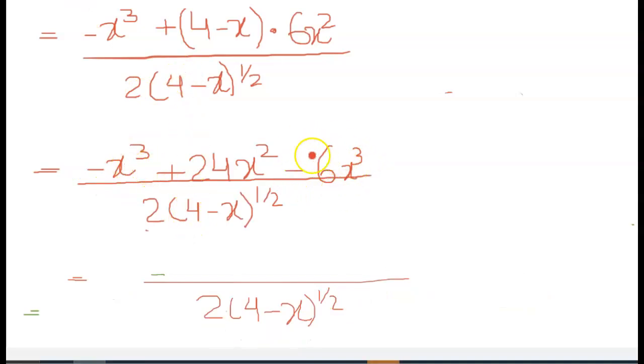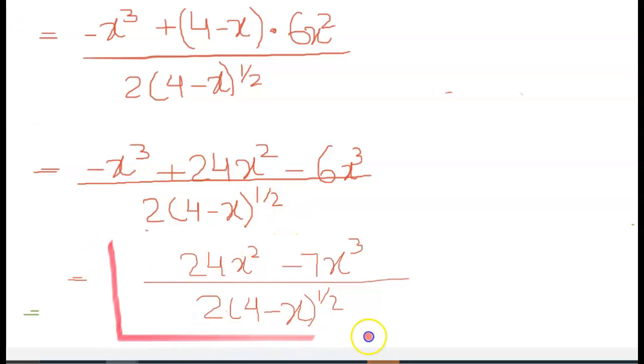Now here this minus 6x cubed and this minus x cubed becomes minus 7x cubed, and here I have 24x squared. So it is 24x squared minus 7x cubed, divided by 2 bracket 4 minus x to the half. I cannot multiply the 2 inside because there is a power here. So this bit is the solution.